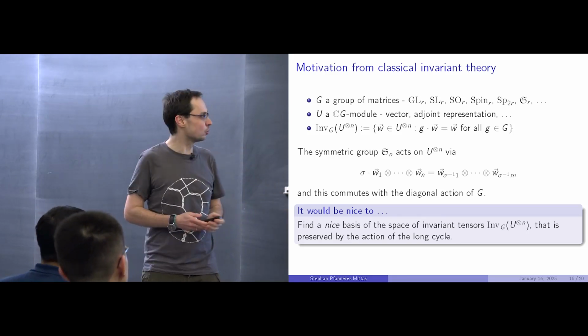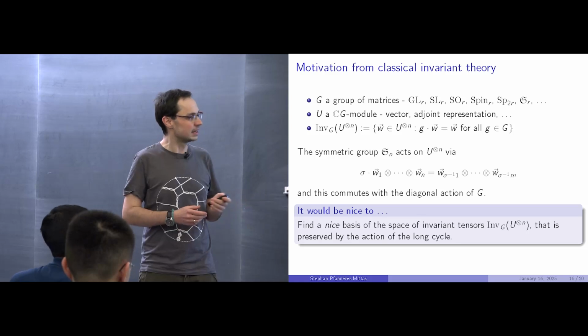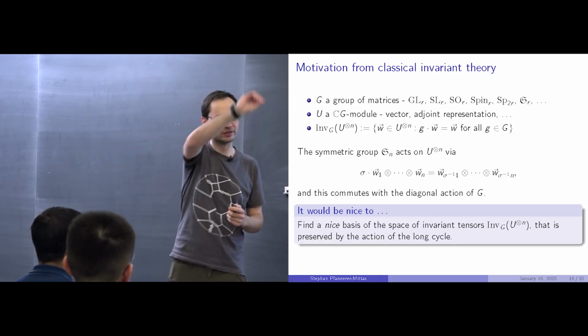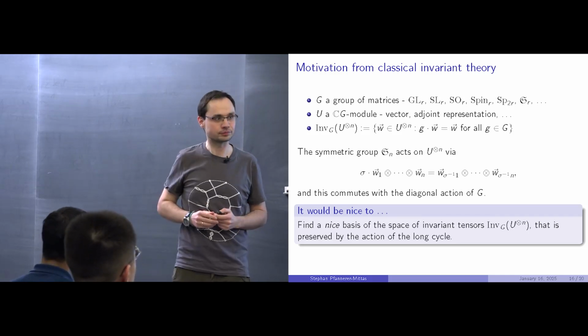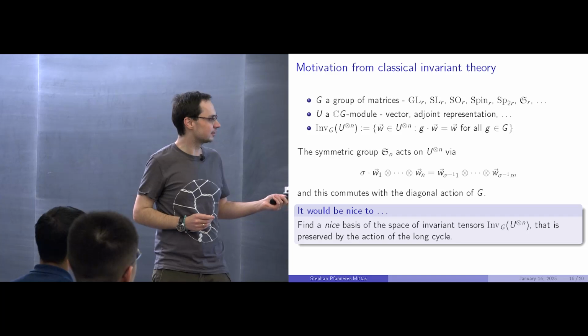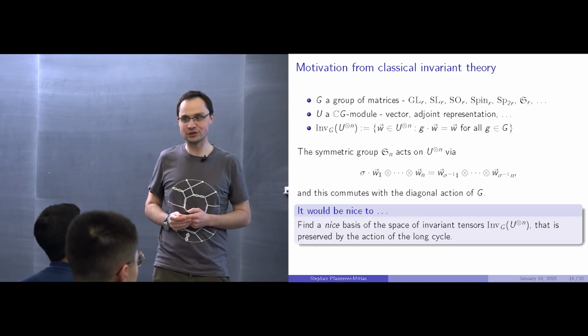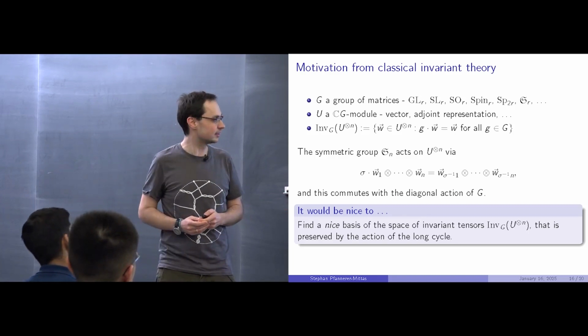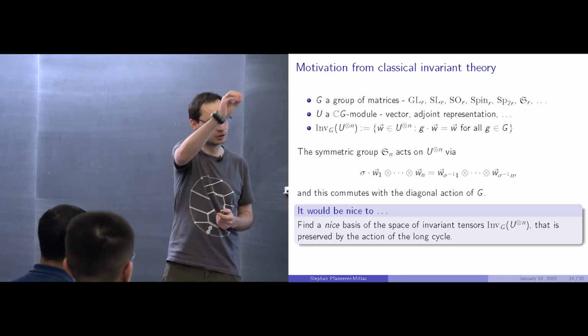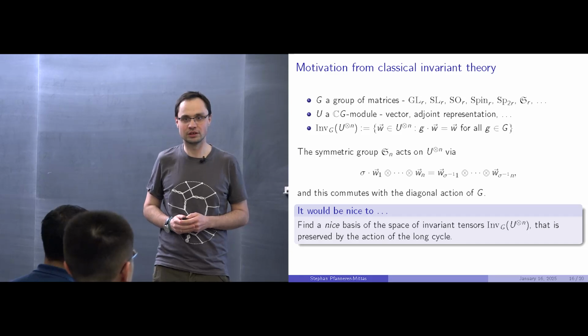And what this is doing on your tensor factors is taking your first tensor factor and putting it in the back. And we want to find some basis of that invariant space that's preserved by this action of the long cycle.